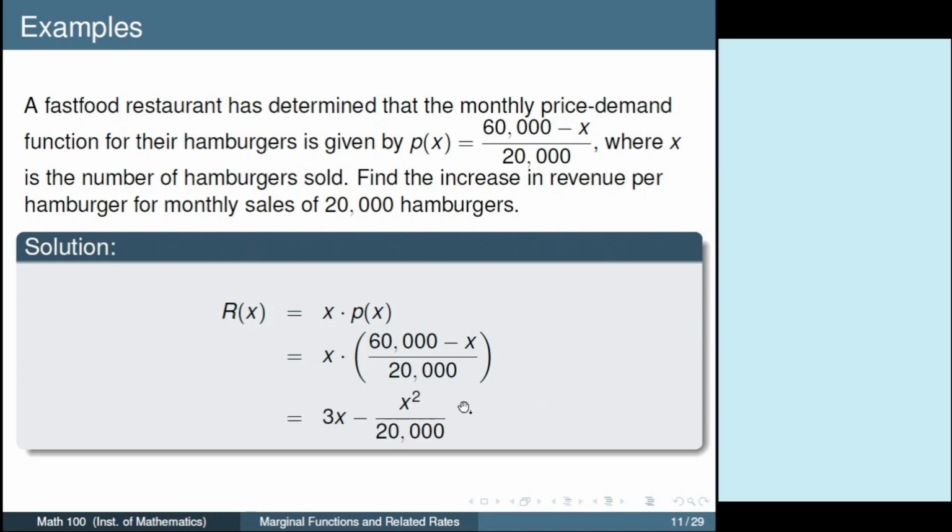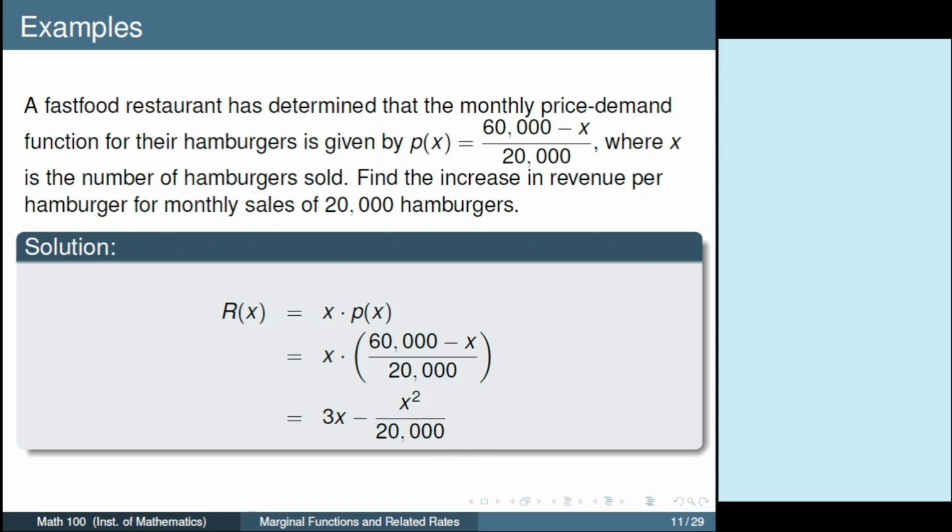Okay. Simplify lang din natin. You can multiply x to both of this and then divide by 20,000 furthermore. So, dito sa ating first term, magkakaroon tayo ng 60,000x divided by 20,000. Pag dinivide nyo yan, magiging 3 lang. So, we have 3x here. And then, if you multiply x here, you have negative x squared all over 20,000. So, this is our revenue function.